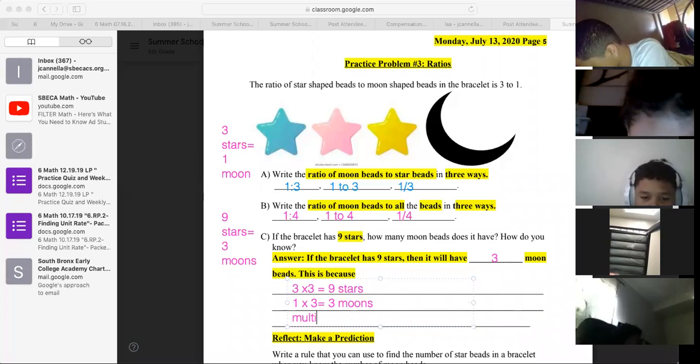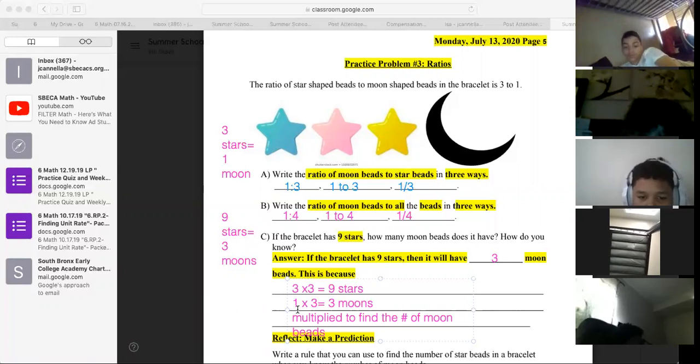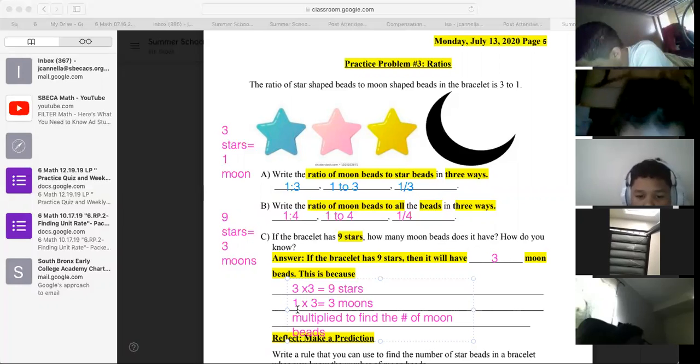So actually what you did is you multiplied to find the number of beads. Which I pretty much gave you the answer to the next question. Make sure you have these notes typed.